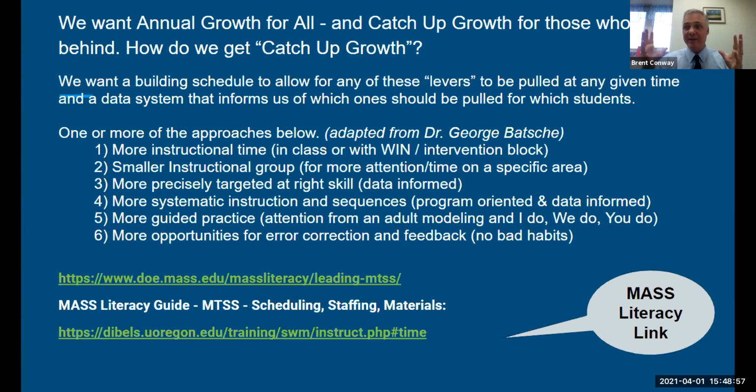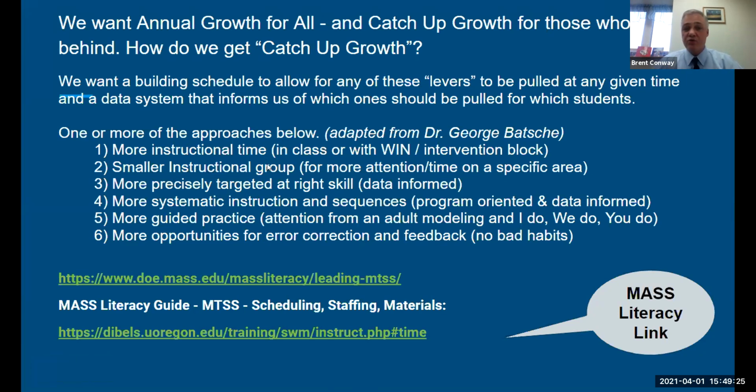He's sort of an RTI guru, and you know, RTI more response to instruction, not necessarily intervention, but in a tiered system, we need a building schedule and a data system that allows for any one of these 6 important levers to be pulled. And really what we're talking about is if we have kids who need catch-up growth, there's basically 6 ways to do this.